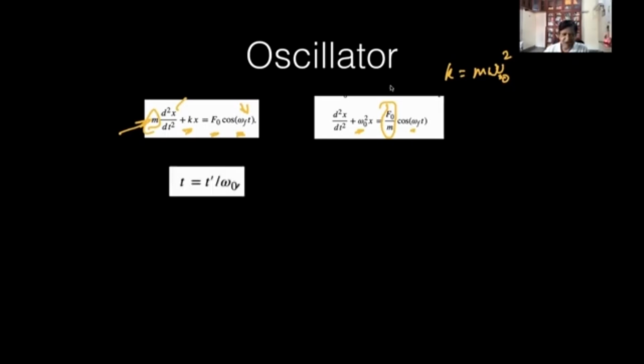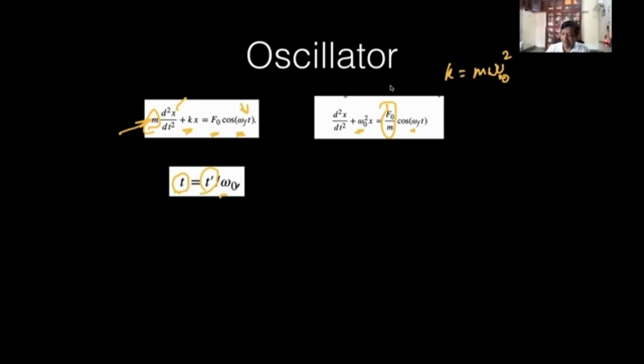So I'm going to write t as t prime divided by omega naught. t has units of seconds, and 1 by omega naught has units of seconds. So what is the unit of t prime?